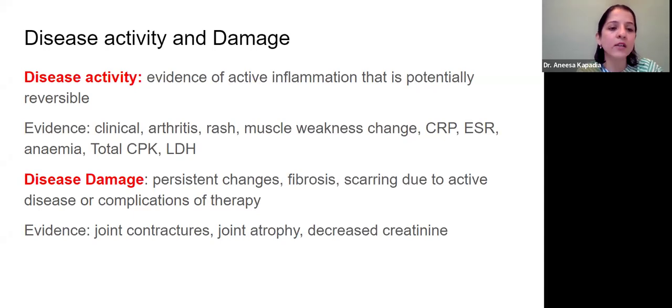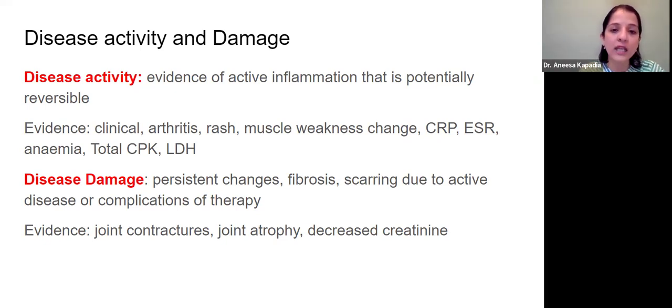For example, it can also be arthritis, skin rashes, or active muscle weakness which is changing from one visit to the other, or they can have high muscle enzymes, inflammatory markers, anemia. All of these factors will help us decide if a patient has ongoing disease activity.